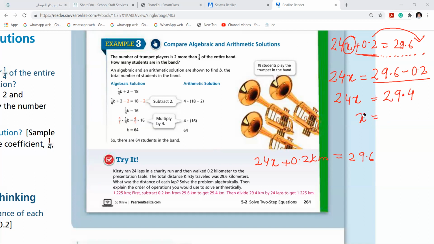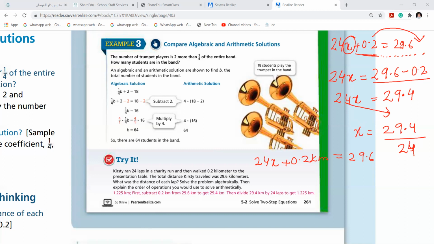I want to make this x alone. Where will this 24 go? This is multiplication. It will go down and become what? Division. 29.4 over 24. Girls, please, no one has a calculator? I have.